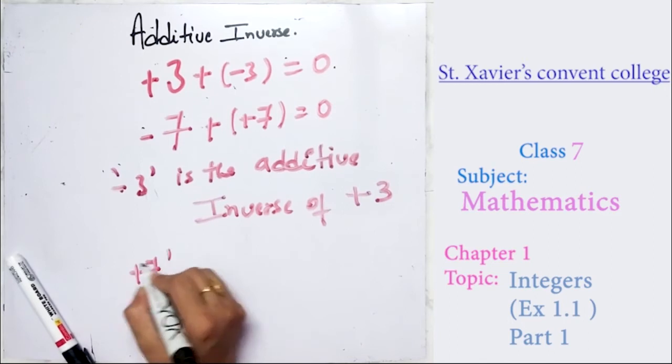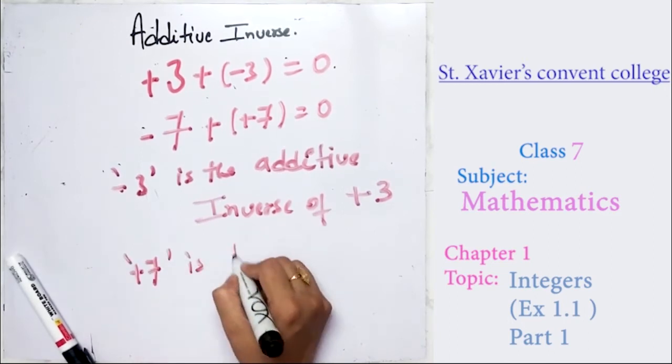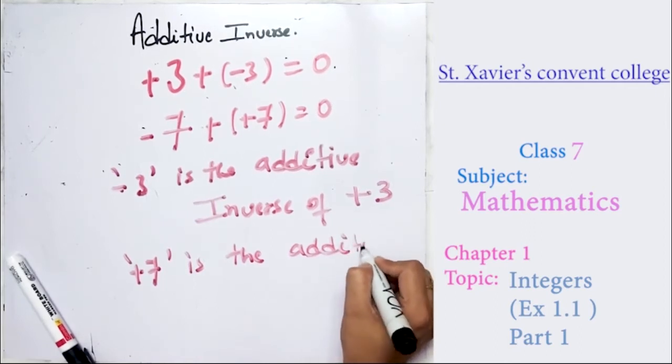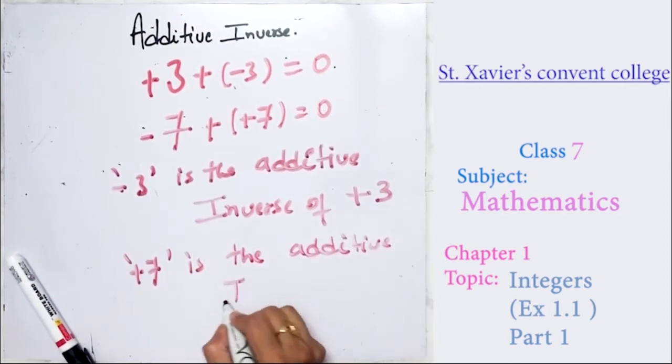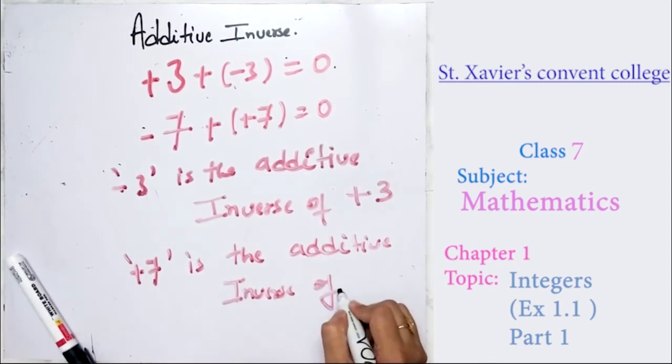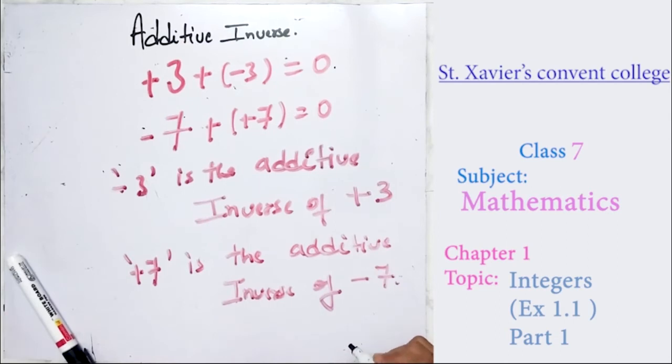So plus 7 is the additive inverse of minus 7. These are all the 4 properties you have to remember to conduct your first exercise.